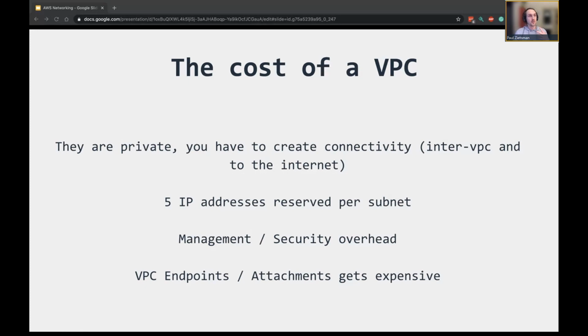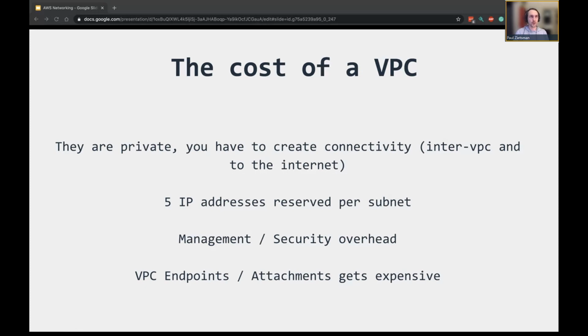So you can imagine in a bank, the idea that your traffic doesn't have to leave the AWS network, doesn't have to traverse the internet to get to a service like S3 or the EC2 API is quite attractive. But these things aren't free, and those costs add up quite quickly.